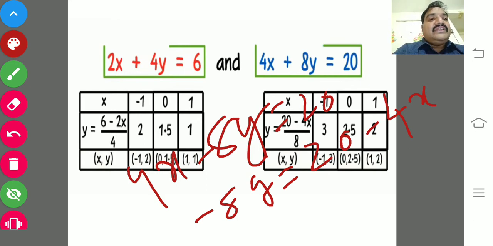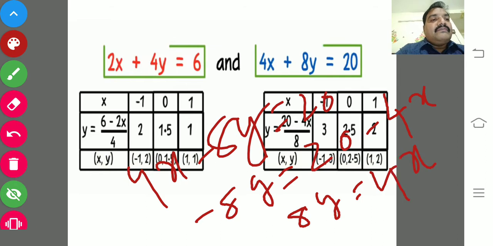So 8y, and minus 4x into minus 1 is 4x, minus 1 into plus 20 will be minus 20. So 8y equals 4x minus 20. Then the 8 goes to the other side, y equals (4x minus 20) by 8.